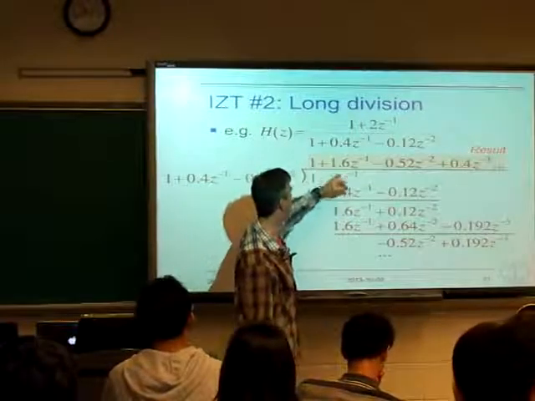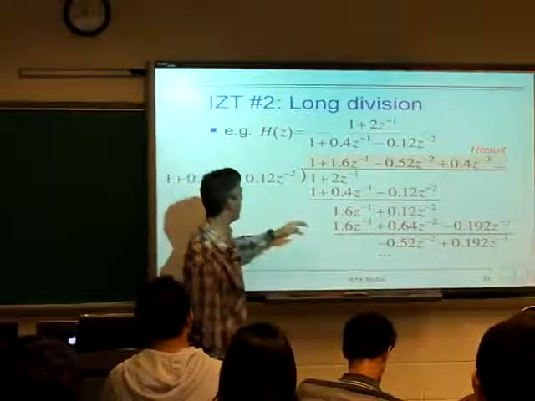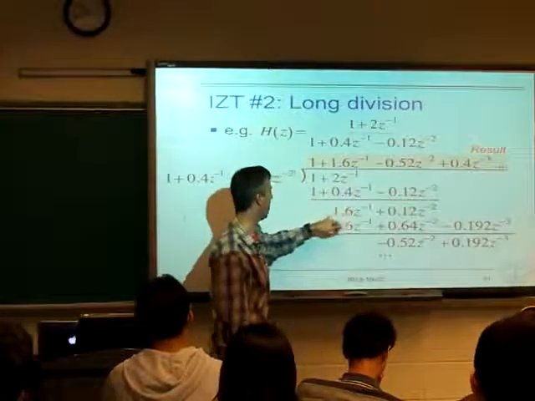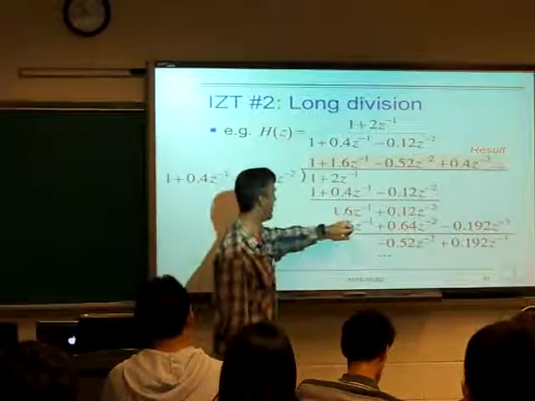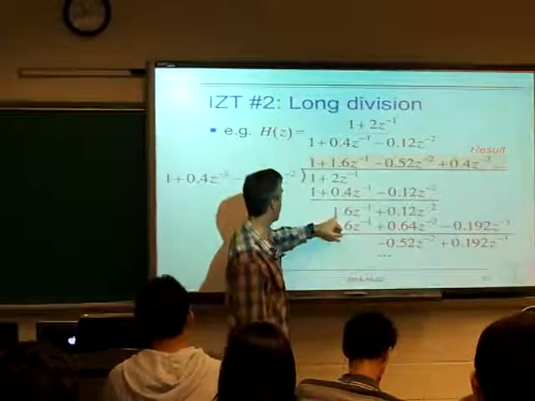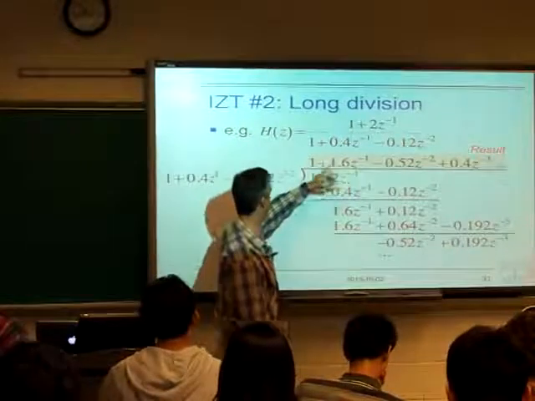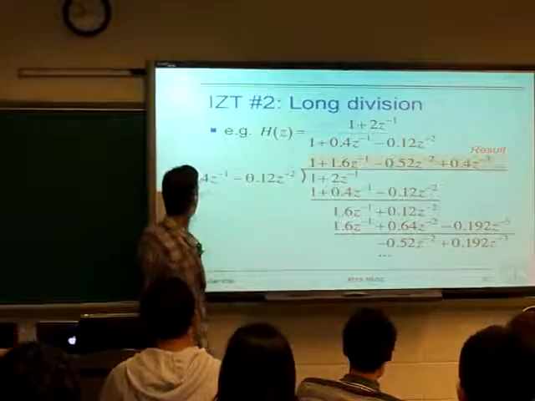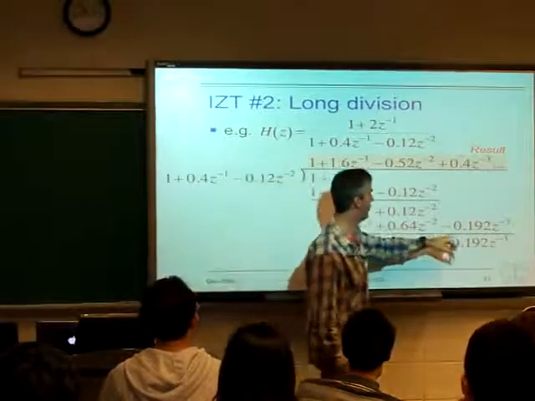So now to get the second term of our expression, we figure out what we're going to have to multiply this by to cancel the leading term here. Because we've got a 1 here, the answer is always just whatever this leading term is. So we have the second term, 1.6 z to the minus 1. That's the second term in our result. But then we multiply this by it to get what we're going to have to subtract off.